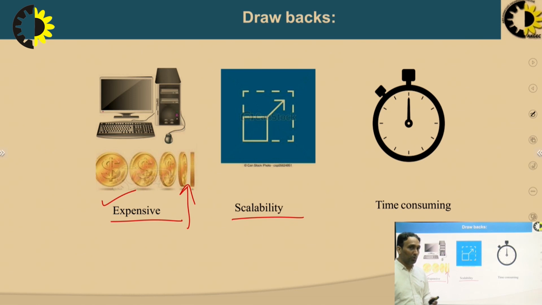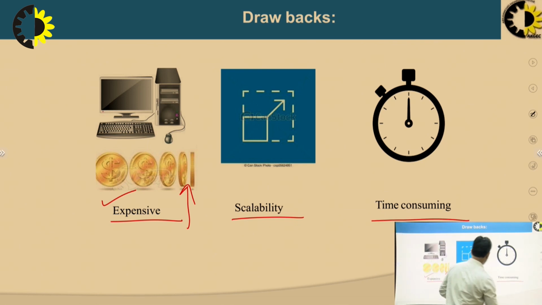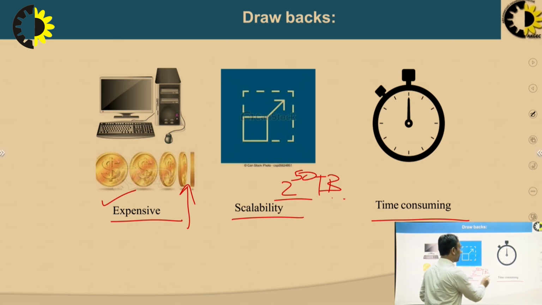So we require more manpower and more servers to manage such a large size of data. And obviously, if we talk about 2 to the power 50 TB of data, it will also consume more time to analyze, manage and hold such data.